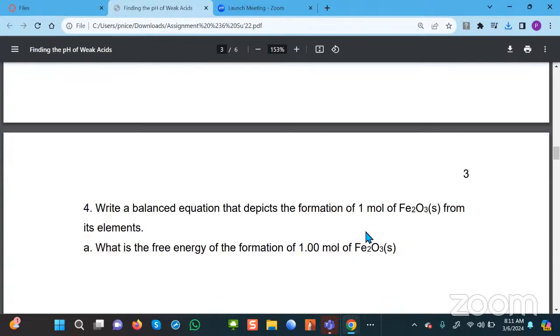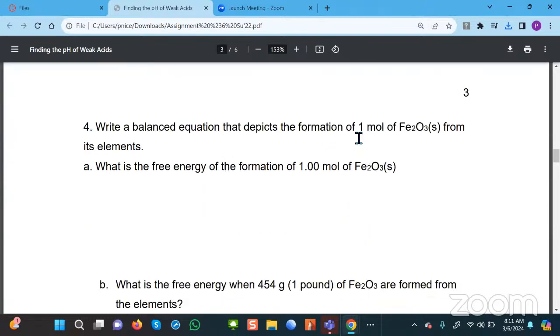So question number 4 says, write a balanced equation for the formation of 1 mole of iron(III) oxide from its elements. So let me turn on my writing thingy here. Okay, so the equation, of course, you're going to end up with 1 mole of Fe2O3. So obviously, it would be iron reacting with O2 to form Fe2O3, all right?